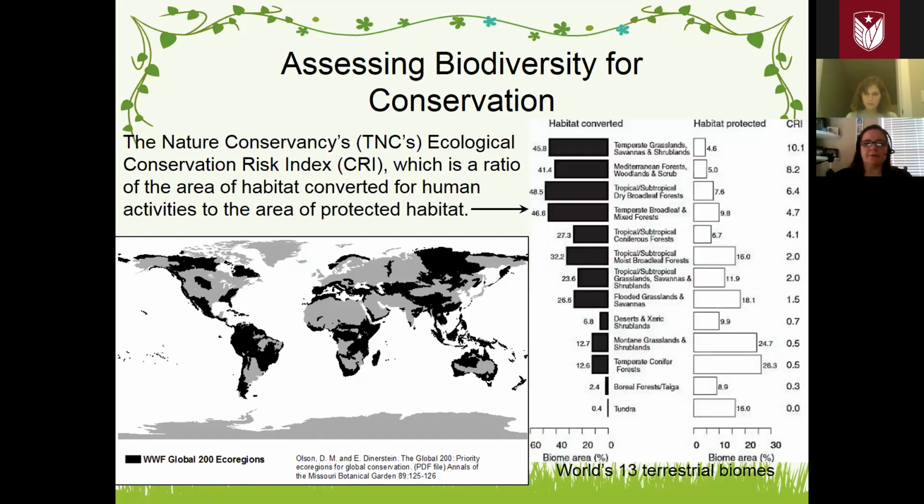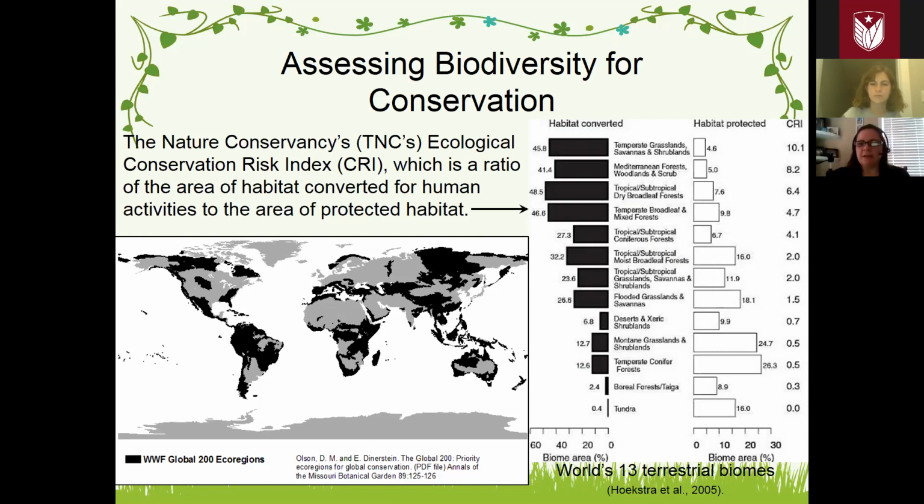One that I thought you might find interesting is that the Nature Conservancy uses what they call an ecological conservation risk index. Basically, they look at different ecosystems and ask, given a particular ecosystem, how much of it has been protected and how much of it has been converted, destroyed, or changed because of human interactions.